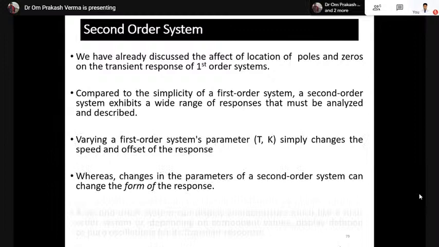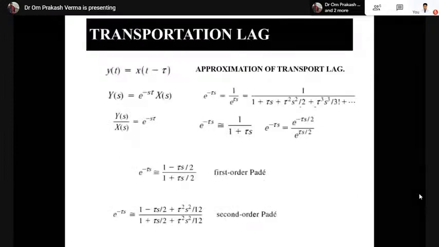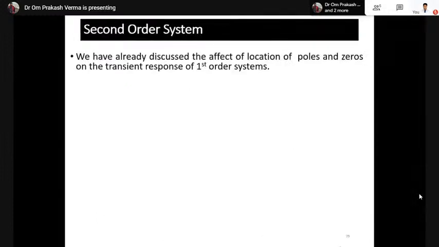Now, today we are going to start with the second order system. A second order system is very important for control engineers. We discussed the effect of location of pole and zero on the transient response of first order system.